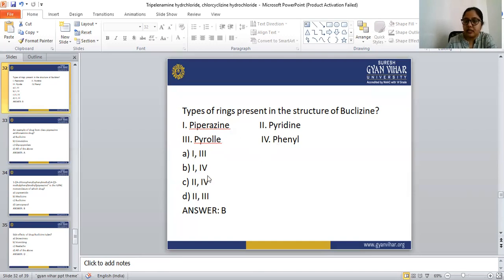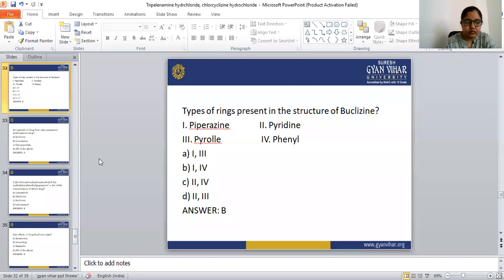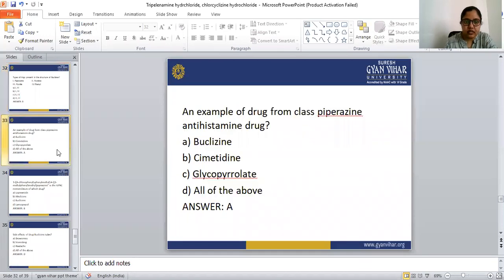So the answer is B. Our next question is an example of a drug from the class of piperazine antihistaminic drugs. We already know buclizine contains the piperazine ring, so the answer is buclizine.